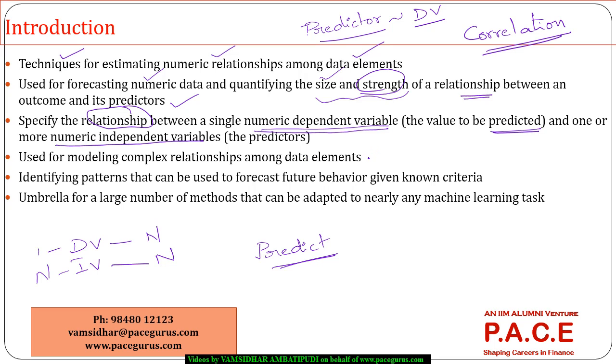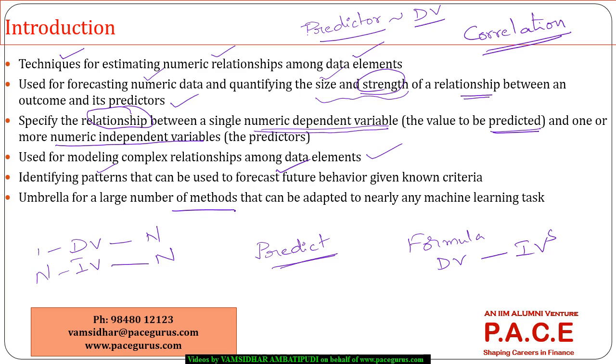Regression is quite comfortably used to model complex relationships among the various data elements. We are using patterns between the numerical variables to build a formula linking the dependent variable with the various independent variables, and based on it the forecasting can be done for a new set of variables.